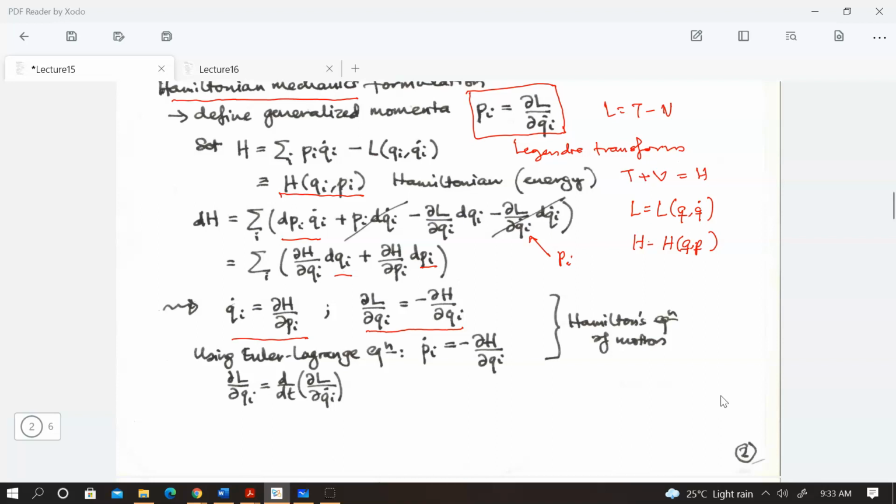Where does that come from? Oh, yeah, sorry. So this is partial L partial q_i, but remember we have the following in your Euler-Lagrange equation.